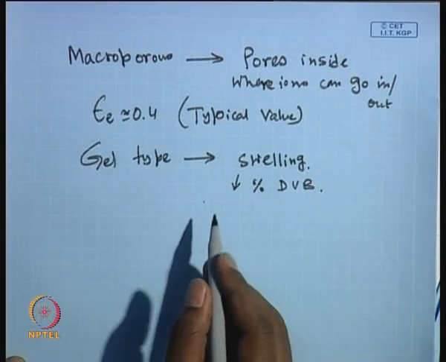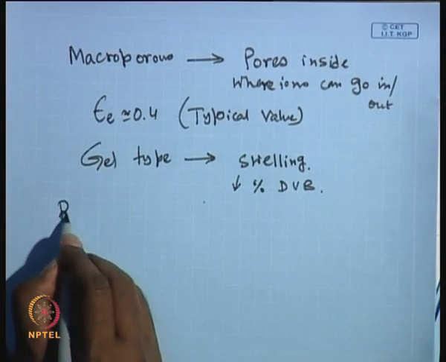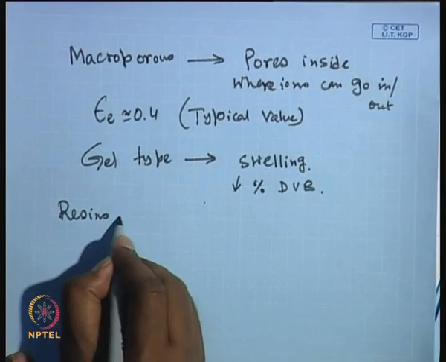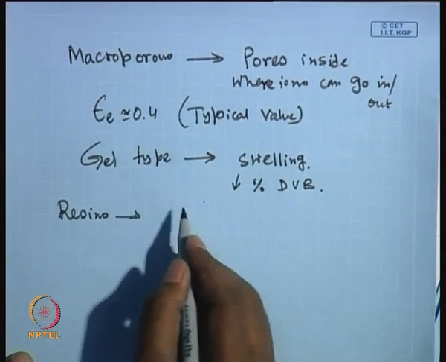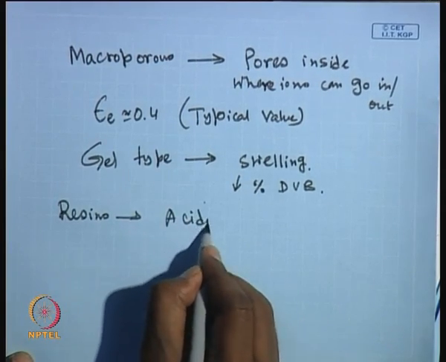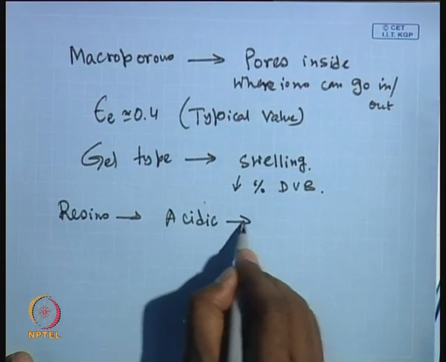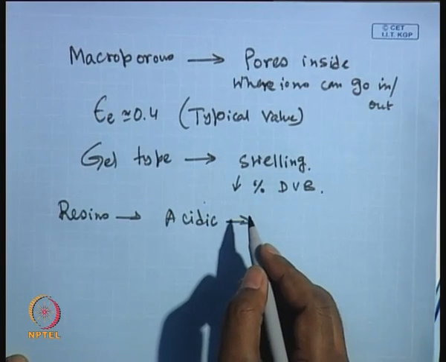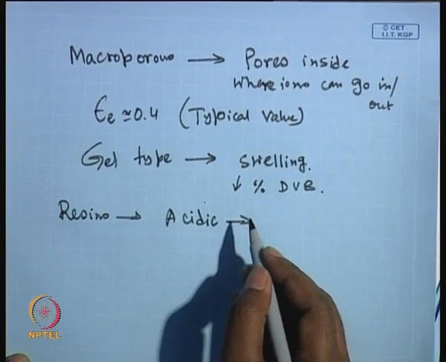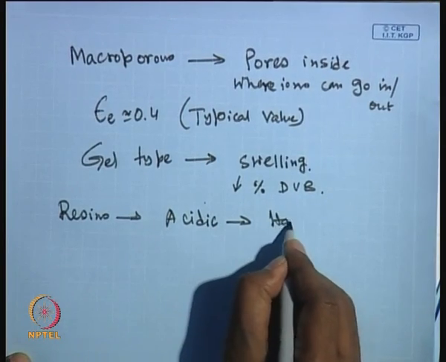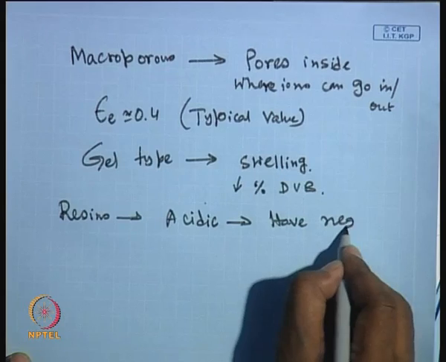Now, there are two types of resins generally, acidic resins and basic resins. The acidic resins have negative fixed charges and they can exchange cations. Okay.